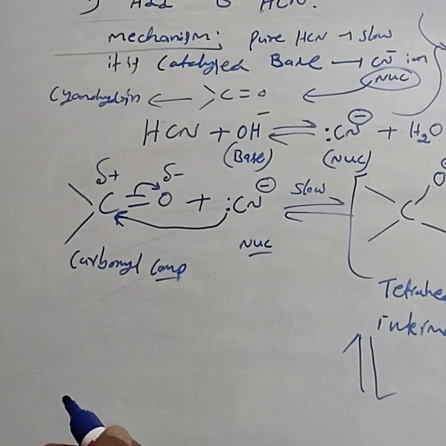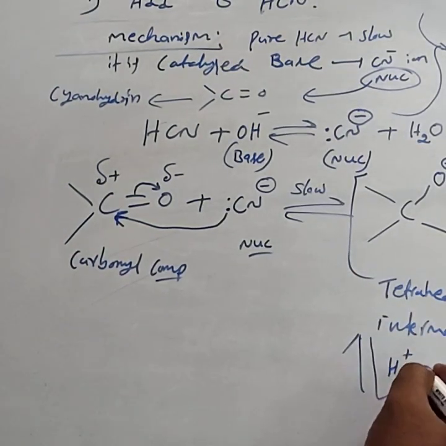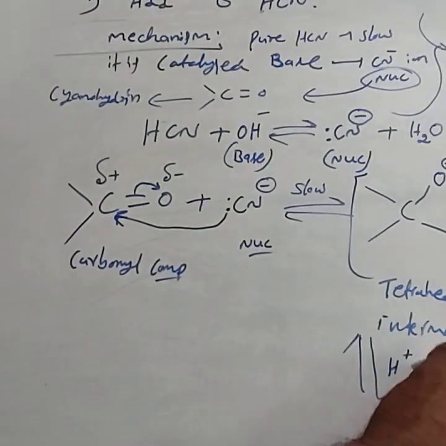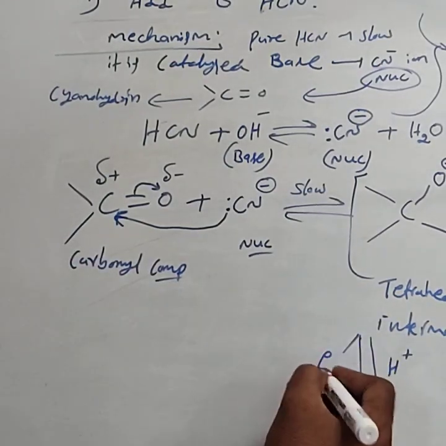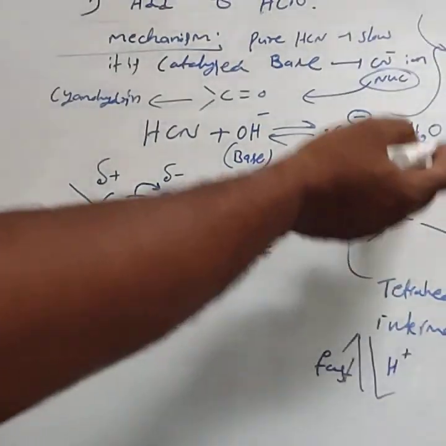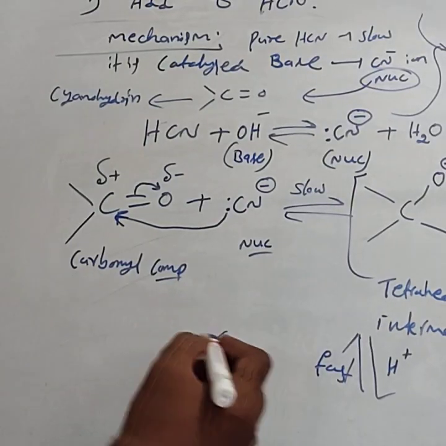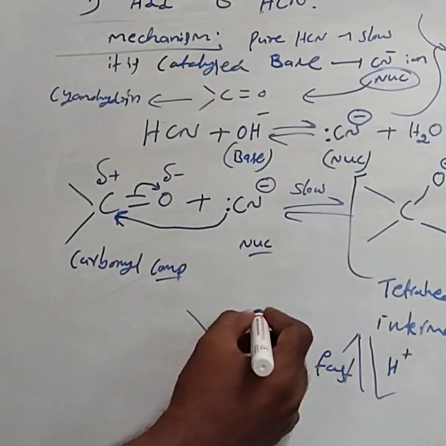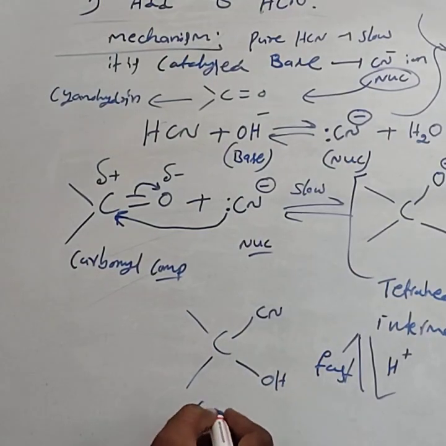This is a reversible step. Then it accepts a proton, H plus. Proton transfer takes place, and this step is fast. This H plus gets added to the O minus. That results in the formation of cyanohydrin, the C-N, OH compound. This is called cyanohydrin.